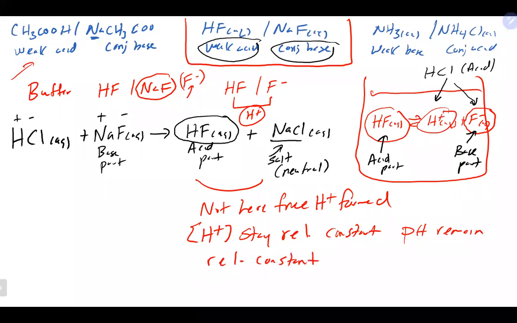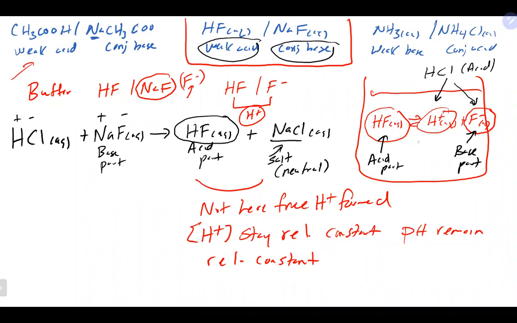So in this particular case, when we added the strong acid to our buffer system, because it had the base part there, it was able to react with it and basically tie up the H plus from becoming free in the solution. Because it didn't produce any more free H plus, which is really the thing that affects the pH, whatever H plus concentration we started with is pretty much the same, so you would not see a really big jump in pH.